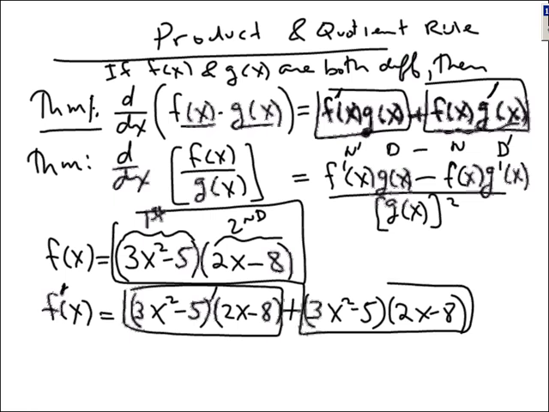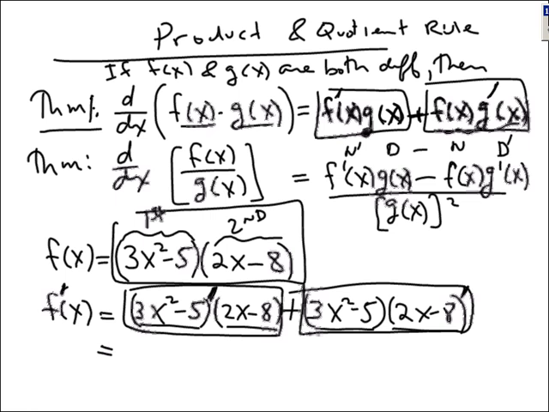These are the 2 terms. I meant to say terms. The first term is made up of 2 factors. Take the derivative of the first. The second term is made up of two factors. Factors are things that are being multiplied. Take the derivative of the second.